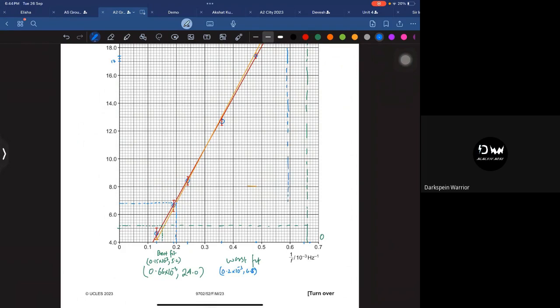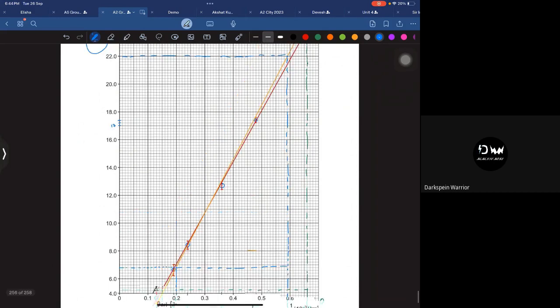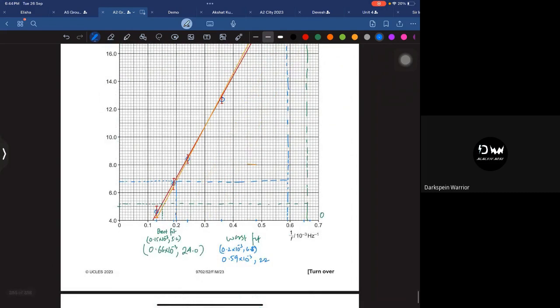That's a bit of a problem, but it's okay. So now this point will be, I think, 0.59 times 10 raised to minus 3. And that was 22. Okay. So once you have these points, you can then proceed in finding the gradients of this.